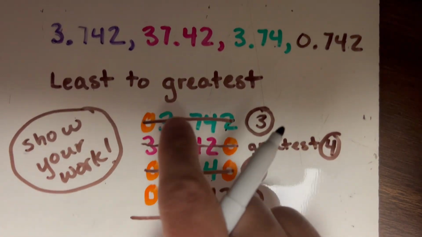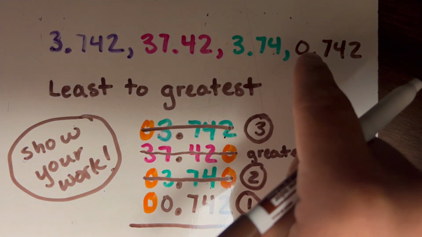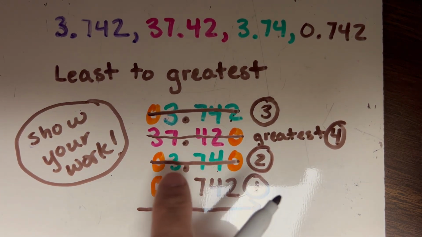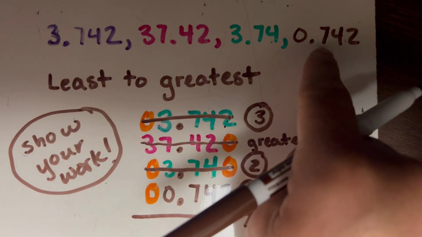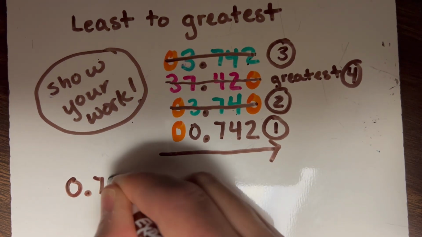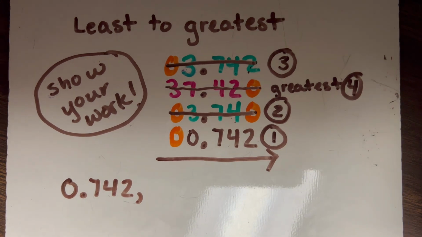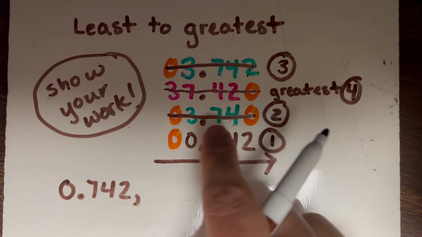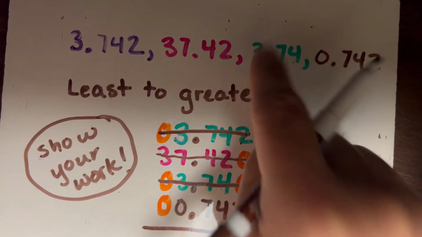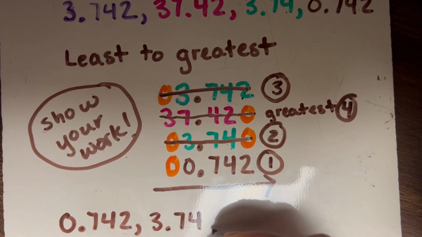So right now, I have the order I need to rewrite these. And I'm going to rewrite them without those annexed zeros, how they originally were in my number. My first number was this one right here, I'm sorry, this one. So I'm going to write that first in my list: 742 thousandths, comma. My second number, which was originally in green before I annexed my zeros, was this number right here: 3 and 74 hundredths, comma.